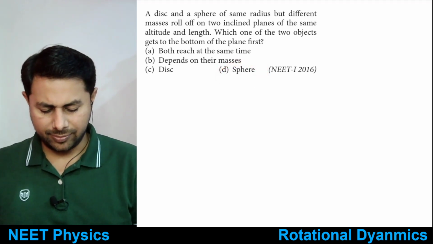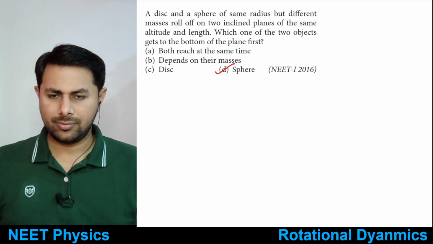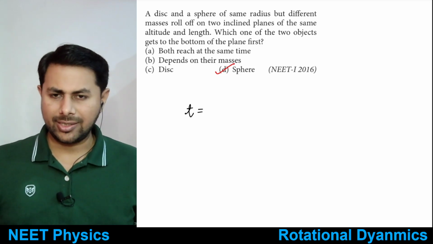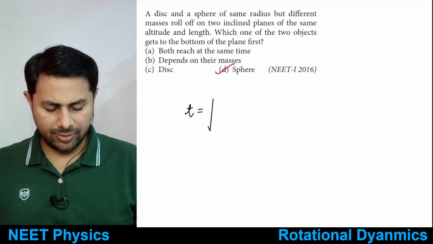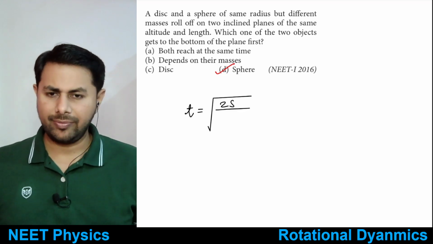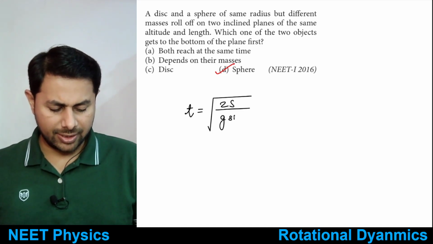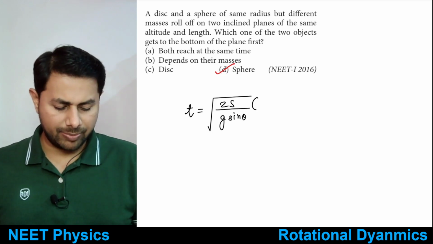It's the sphere, no? Does the time taken depend on the mass? It doesn't, right? The time taken is equal to the square root of 2s divided by the acceleration in rolling motion, which is g sine theta divided by the rolling factor, 1 plus k square by r square, which goes in the numerator.